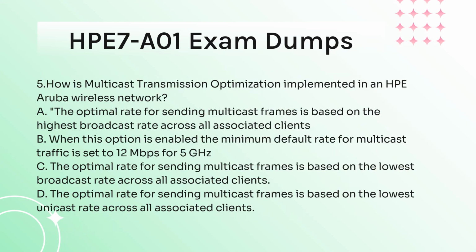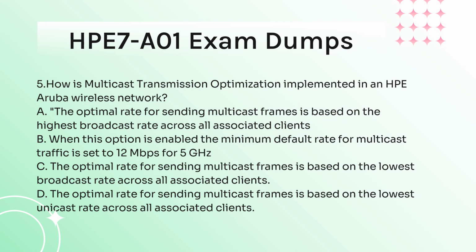5. How is Multicast Transmission Optimization implemented in an HPE Aruba wireless network? A. The optimal rate for sending multicast frames is based on the highest broadcast rate across all associated clients.